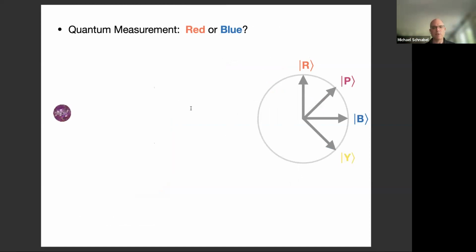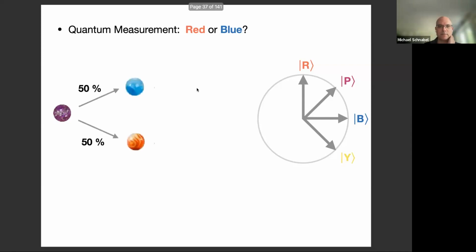So let's take one of these purple quantum marbles and ask a question: are you blue or are you red? If we ask this question, it's like a quantum measurement. Then we will get the answer, either red or blue. That's what it will collapse to. This is what happens in quantum mechanics. Say it was 50%, it will collapse to red, and with 50% to blue.